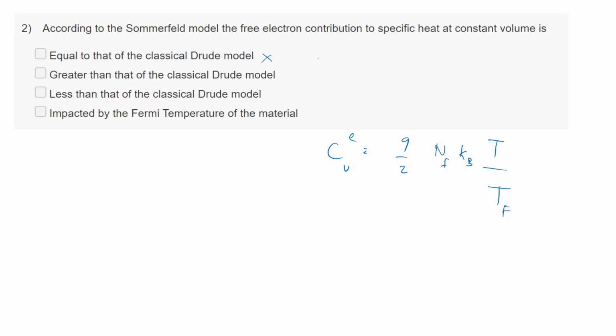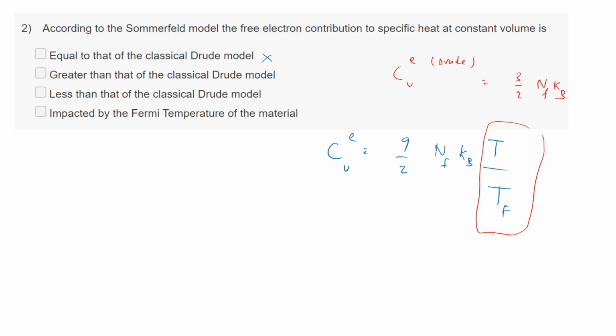That is totally false, because in the classical model, C_V for Drude is 3/2 N k_B. But in the Drude-Sommerfeld model, we have this extra factor T by T_F. So that is why it is wrong. It is not greater than that of the classical Drude model.